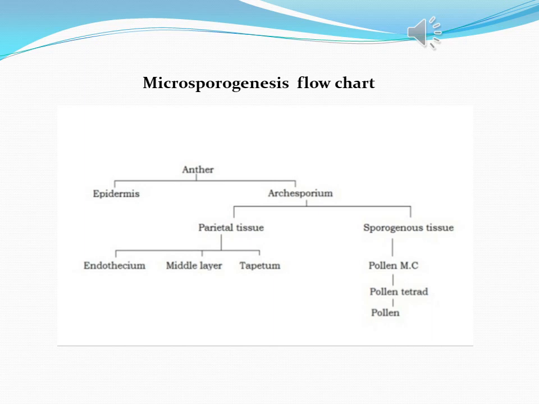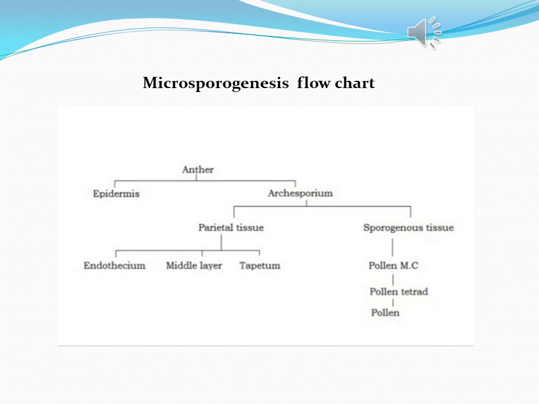In a young anther, as you know, it consists of epidermis, and this epidermis is surrounded by parenchymatous cells. Later, these parenchymatous cells become the archisporial cells, or archisporium.